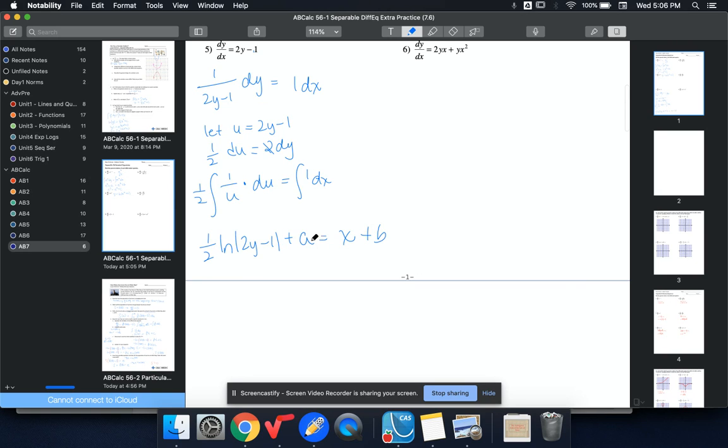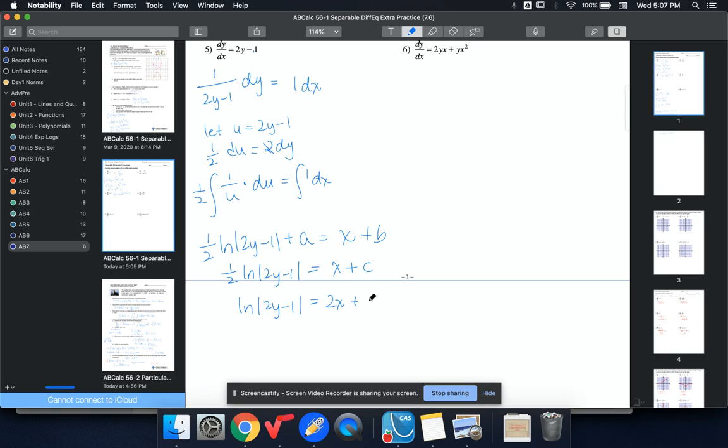So first thing, I'll move that a to the other side. So I'll get a half ln absolute value 2y minus 1 equals x plus b minus a. Well, that's another constant, so I'll just call it c. Now I'll multiply through by the 2, and I'll get ln of 2y minus 1 equals 2x plus 2c.